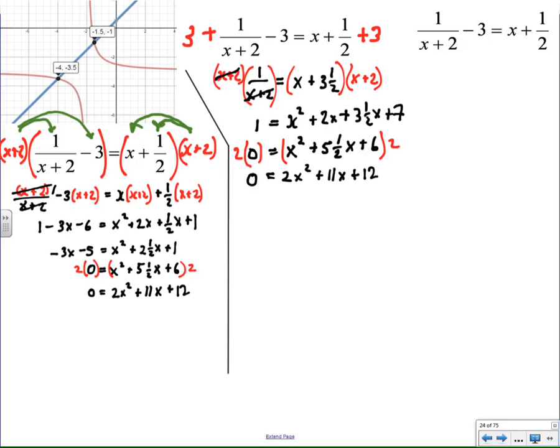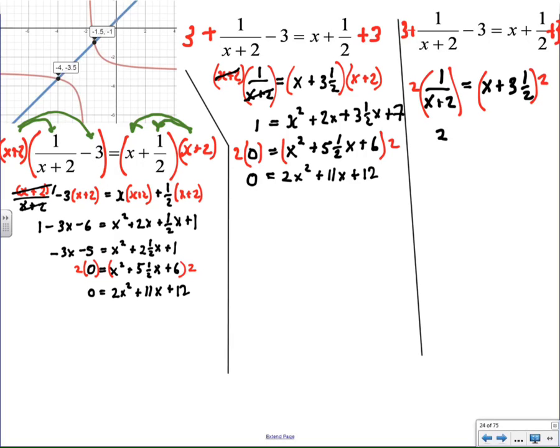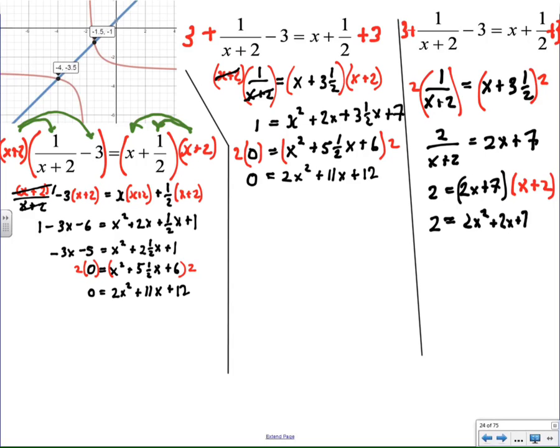In the third case, I'm going to add the 3 to both sides, just like I did before, but this time I'm going to fraction bust now instead of later. So I'm going to multiply both sides by 2 here. That gets rid of all the fractions. Now I can apply the inverse of multiply by x plus 2, or divide by x plus 2 on both sides, and FOIL, and subtract 2 from both sides, and end up with the exact same form.